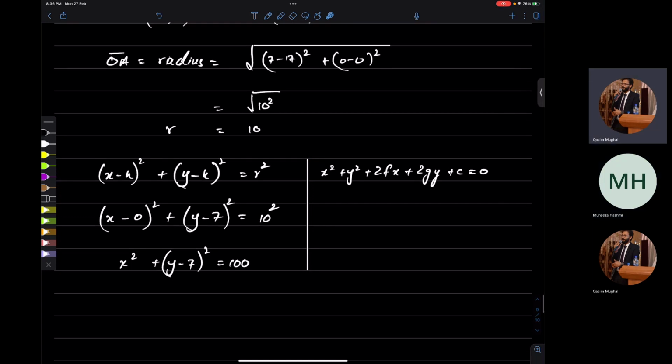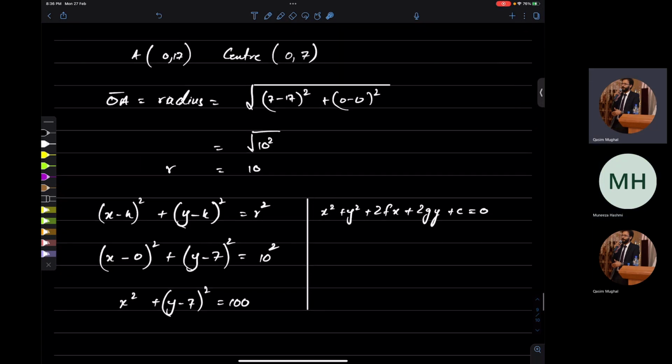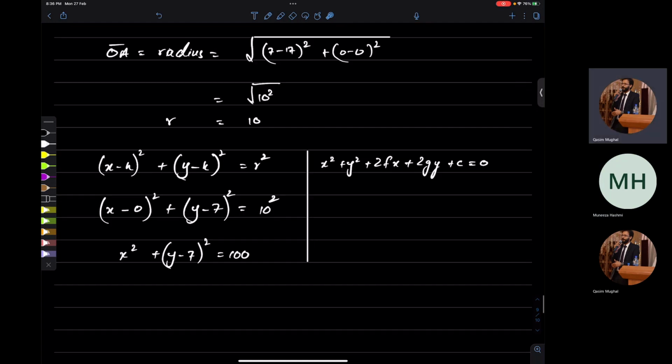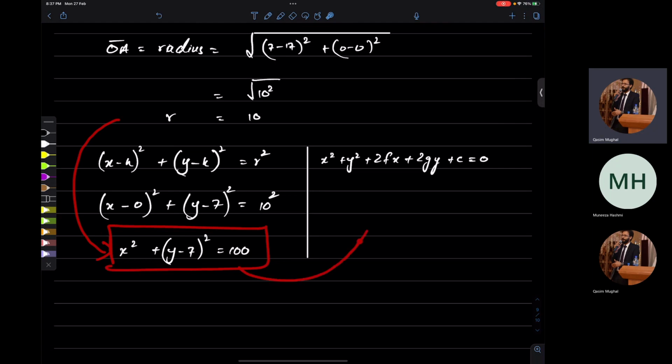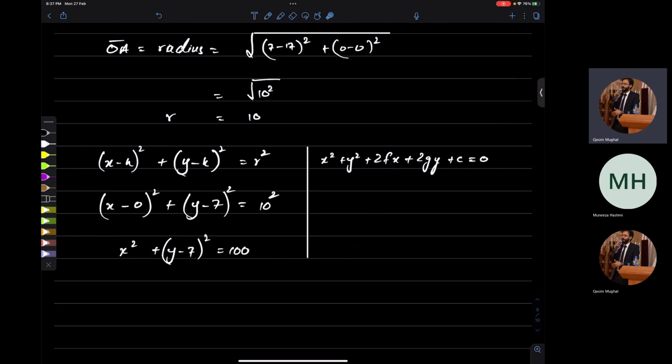Having said that, you have the center and the radius. The best way is to expand this. You will always obtain the equation in this format, and then you will expand it to write it in the other format.